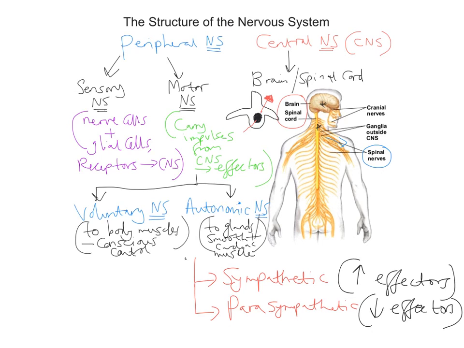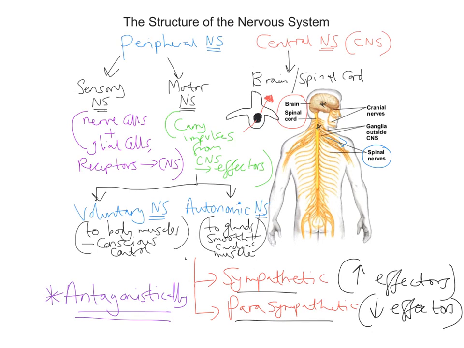And these two together work, and I think that's a key word to make a note of, they work antagonistically. So they're opposing one another. So we've got the sympathetic and the parasympathetic. And that ultimately is it.